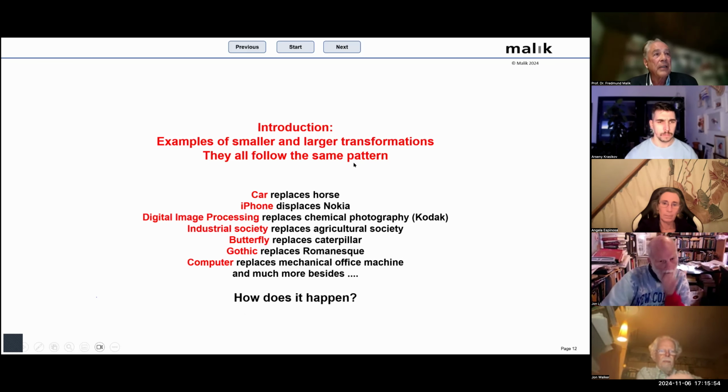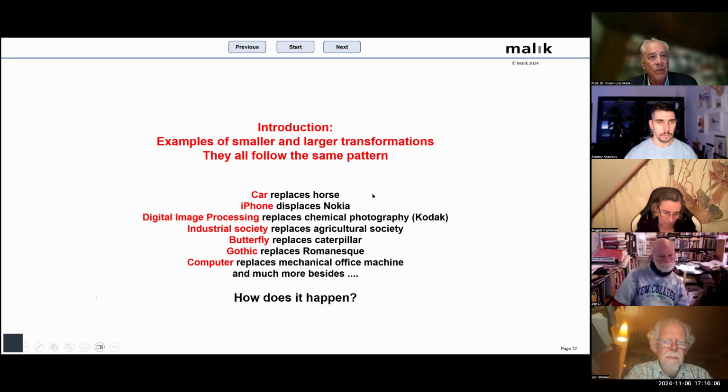Next one. Examples of smaller and larger transformations. They all follow the same pattern. Car replaces horses. iPhone displaces Nokia, telephone. Digital image processing replaces chemical photography.